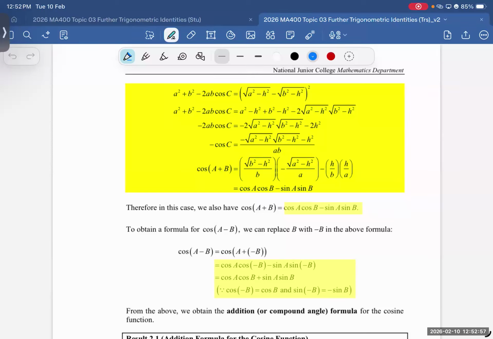Gentlemen and ladies, if you have not, please help me to copy. It's at the bottom. From page 5 to 6, this is what I was going through yesterday, trying to prove the cosine formula for you.